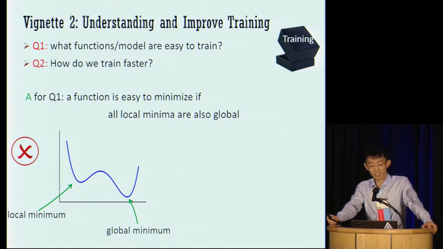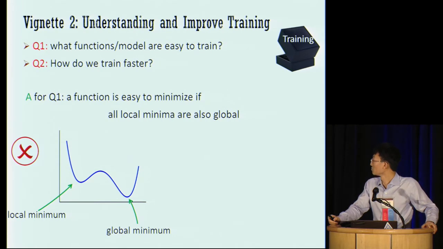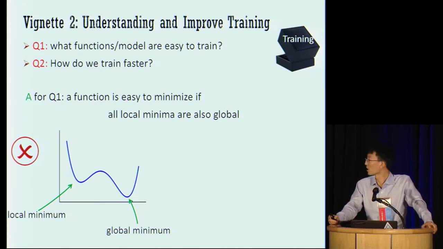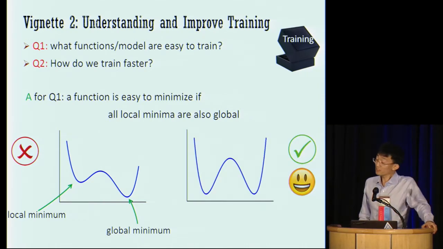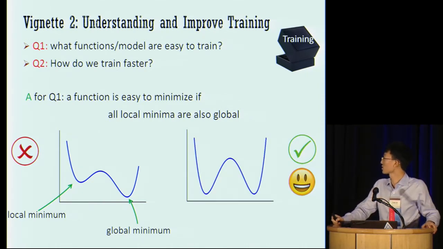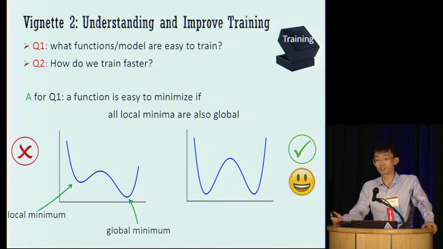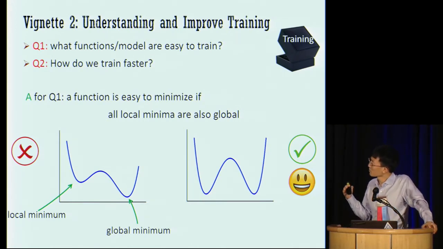So if we converge to the local minimum, no matter how fast we converge there, it's not a good solution because it's not as good as the global minimum. However, this function on the right-hand side has the property that all local minima are also global. And now we are happy because no matter which local minimum we converge to, they are both global minima.